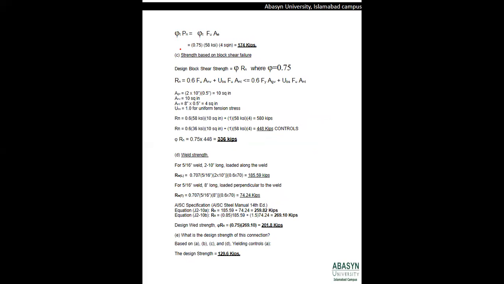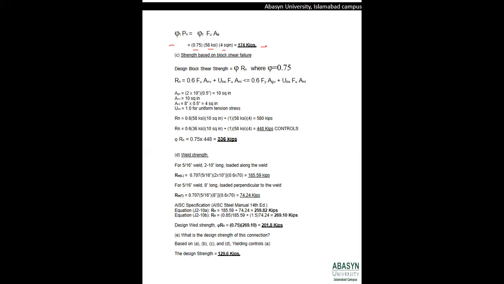If we plug the values back into the formula for the shear or tensile rupture, it comes out to be 0.75, the value of phi, times Fu of 58 ksi for A36 steel, times Ae, which we found to be 4 square inches. So it comes out to be 174 kips.